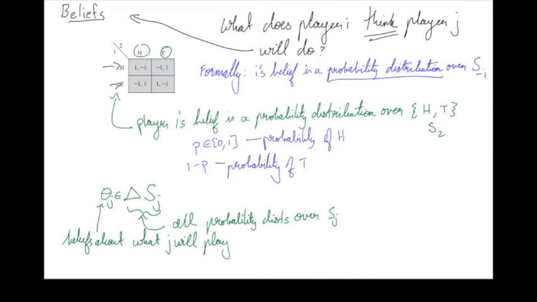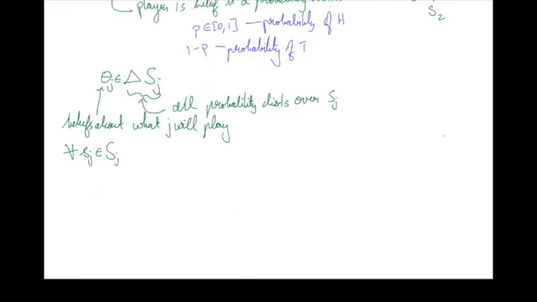So these theta j's are such that for all strategies Sj in Sj, the probability has to be greater than or equal to 0. And if we take the sum over all Sj, so look at all the strategies, then the total probability that one of the strategies is played has to equal 1.